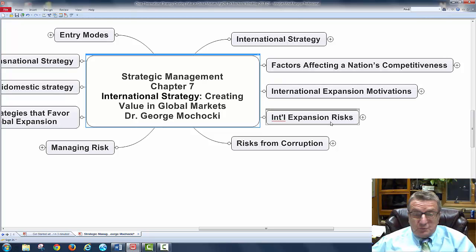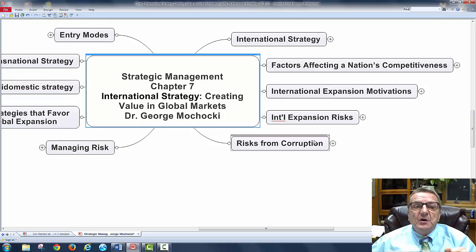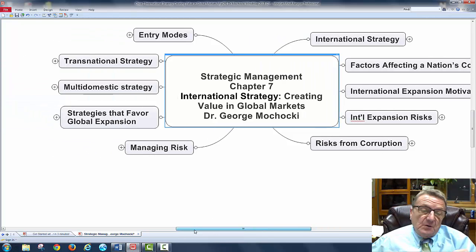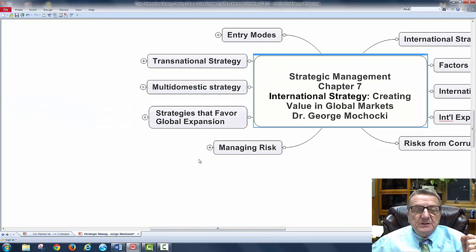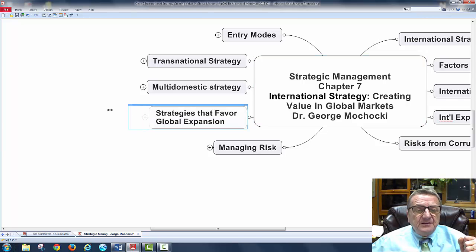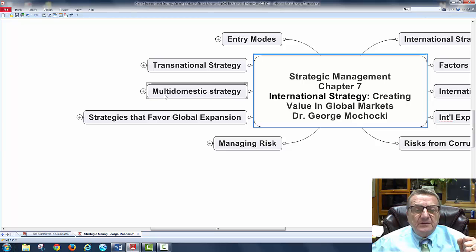International expansion has risk, including risk from corruption. Some countries or markets we go to are more corrupt. Do we want to go into that market? And if we do, how do we minimize our risk? That is risk management, and management strategies that favor global expansion. Whether a company is small or large is irrelevant.